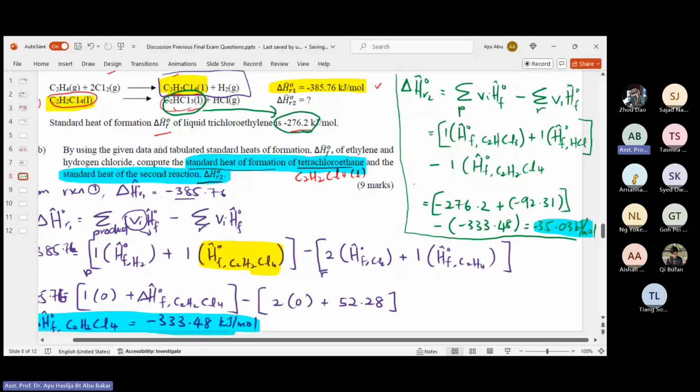Okay, so this is the final answer of the second part. Okay, 2 minutes to digest before we proceed to the next question.